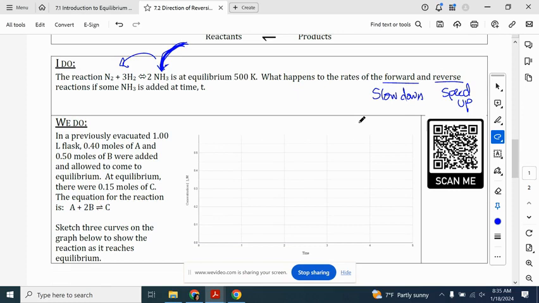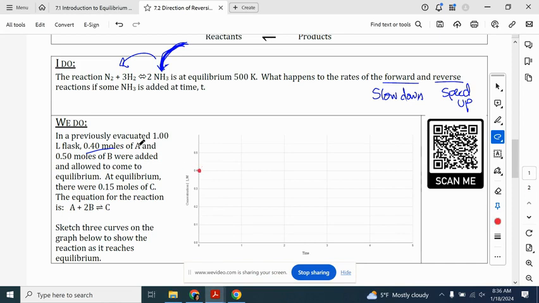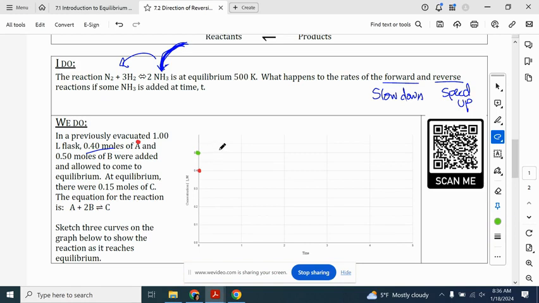All right. We have a 1 liter flask with 0.4 moles of A. What color was A before? Red. So A is red. We have 0.5 moles of B. B is green.